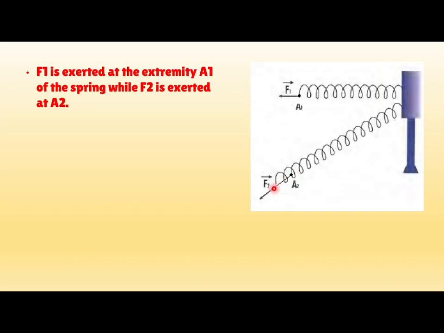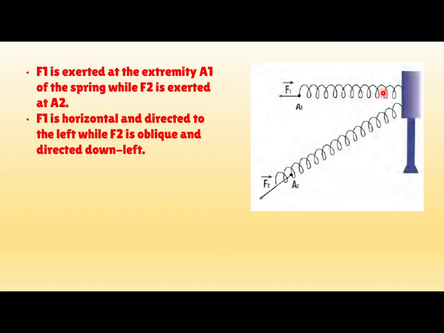If it had been the same point as A1, we wouldn't have considered it a difference. But because the student starts the force here at A1, and here at A2, from a different place, F1 is exerted at the extremity A1 of the spring while F2 is exerted at A2. So we have two different points of application.